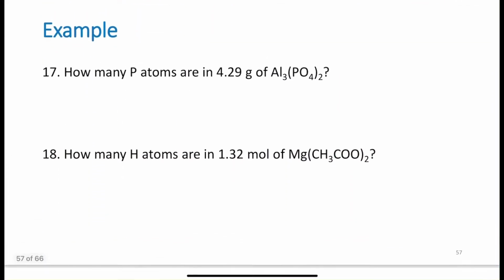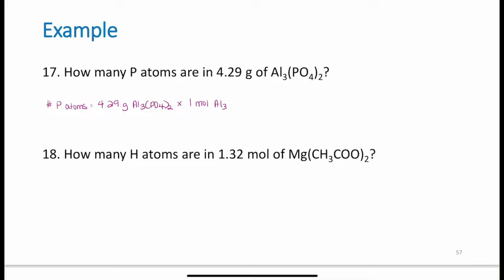Okay. How many phosphorus atoms are in 4.29 grams of aluminum phosphate? I want to know my number of phosphorus atoms. I'm starting with 4.29 grams of aluminum phosphate. First thing I'm going to do is convert to moles of aluminum phosphate.